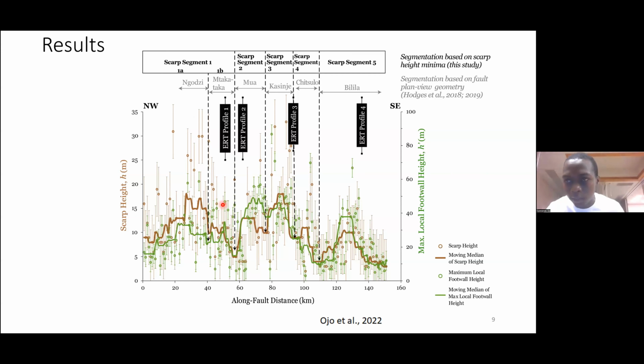I guess this is because the results suggest that the connection we have for the segments here is more recent than what we have in the north, because the magnitude of the minimal here is smaller than what we have here. The more time that has passed, the less likely it is to identify if there was a segment there before. So we believe the north coalesced earlier than the southern part of the fault.